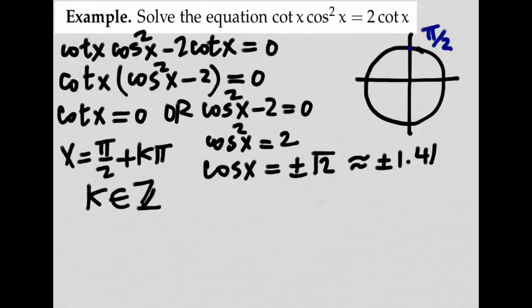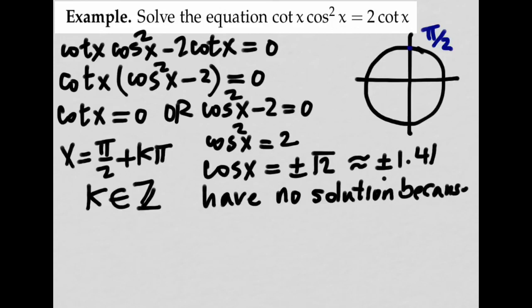Now, these equations have no solutions because cosine x is always trapped between minus 1 and 1. So there's no way cosine x could equal root 2 or cosine x could equal minus root 2. So the general solution to our equation is x equals pi over 2 plus the integral multiples of pi.